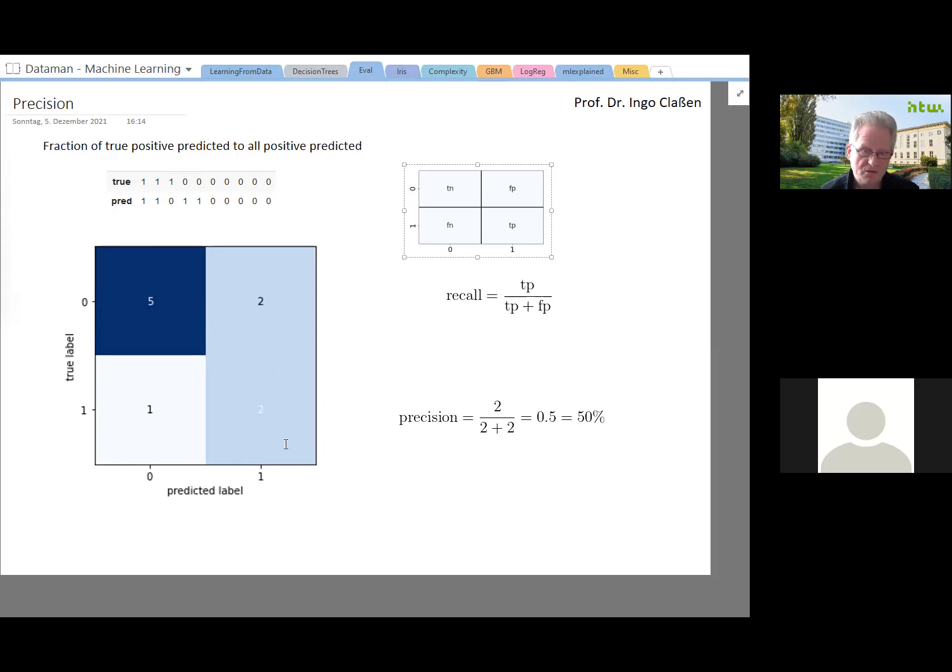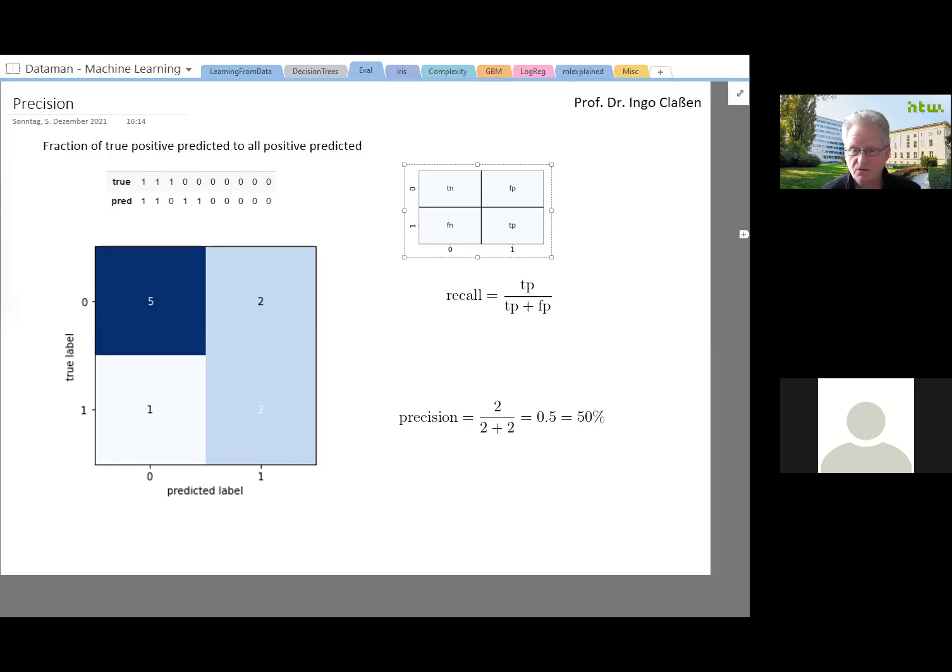And among those that we have predicted as 1, only 2 were truly positive. So we take the true positives with respect to all that have been predicted. And the false positives are also predicted as positive, but of course falsely. And therefore we have a precision here of 50%. So that would be the precision here.